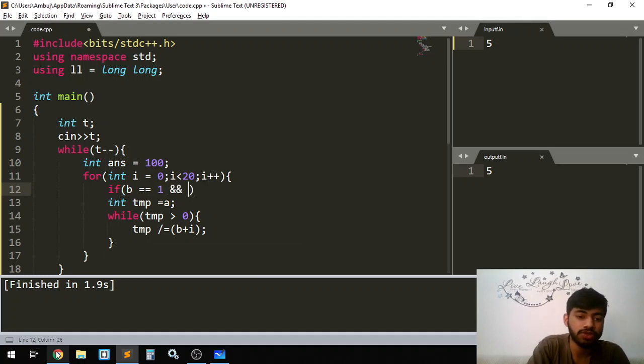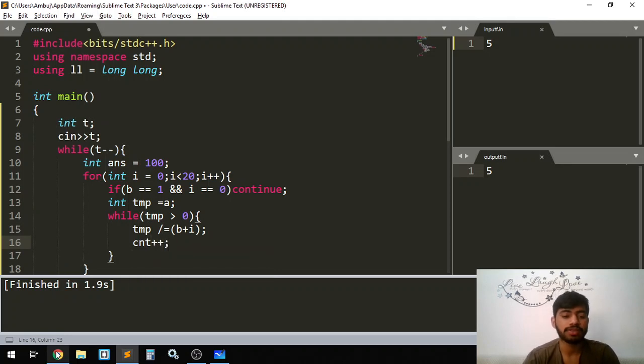If b is equal to 1, then the loop can keep going in and going in. So I don't want to check for i equals 0, because when b equals 1, this while loop never ends. That can cause an error, time limit exceeded, that is a runtime error type. After this I add count to my answer.